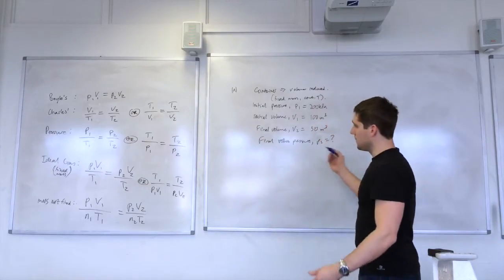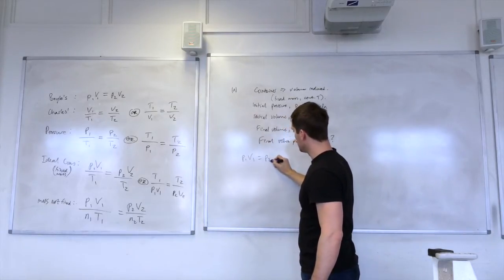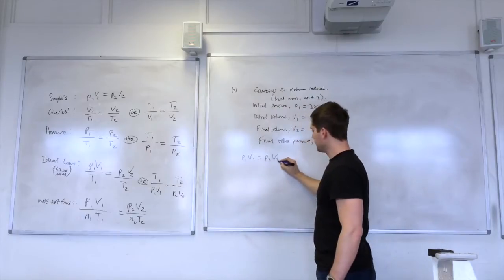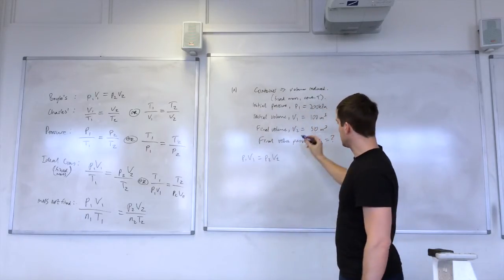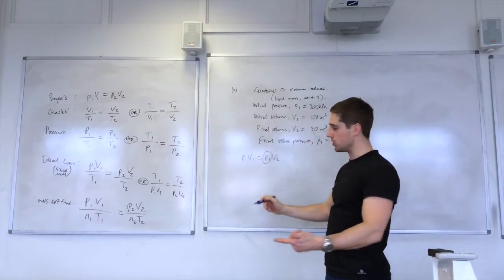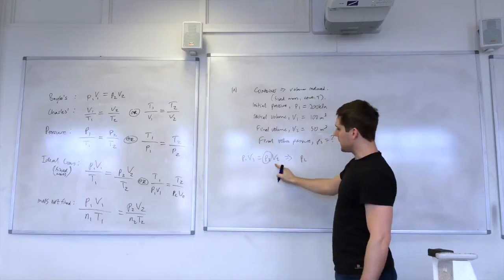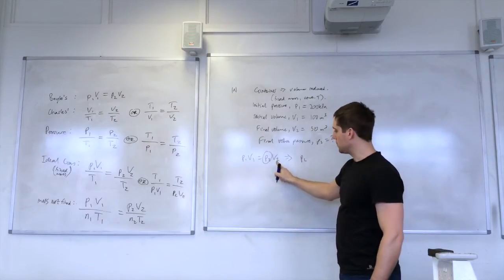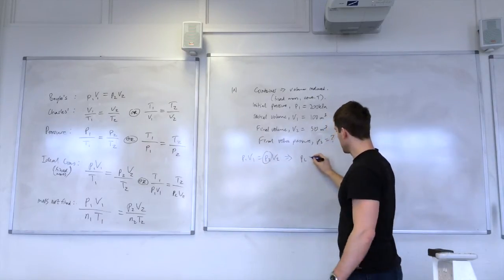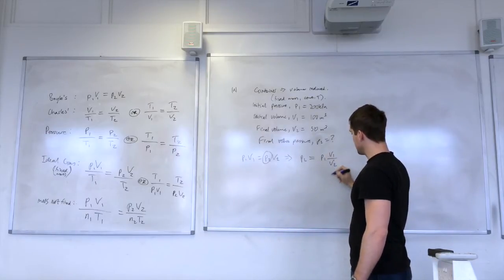Okay, so we need to use this equation, P1 V1 is equal to P2 V2. We want to find P2, this one here. So we need to rearrange the equation so that it's by itself. I do that by dividing both sides of the equation by V2, so the V2 will cancel out here and be divided over here. So we get P2 equals P1 times V1 over V2.